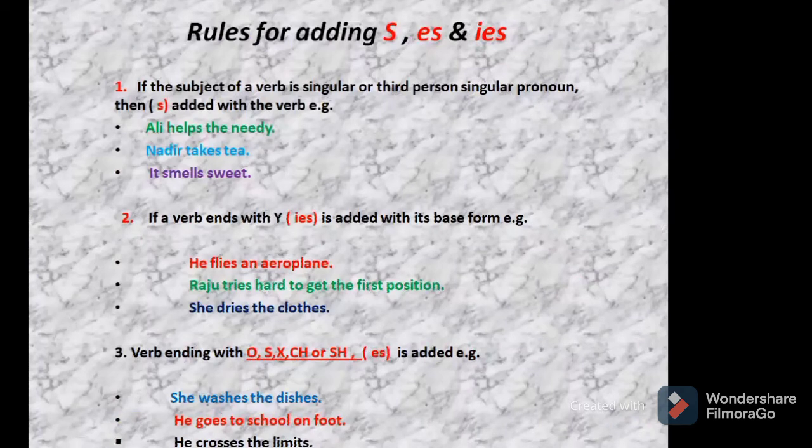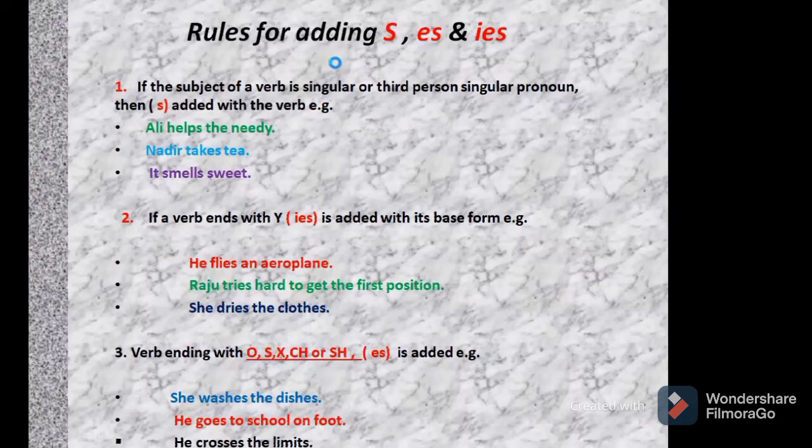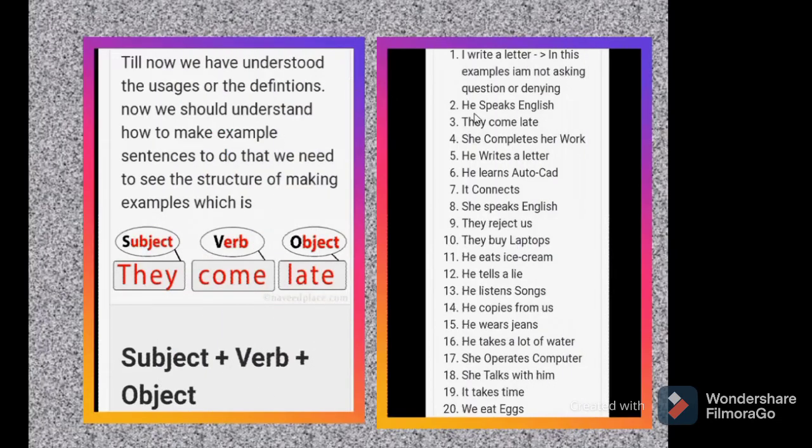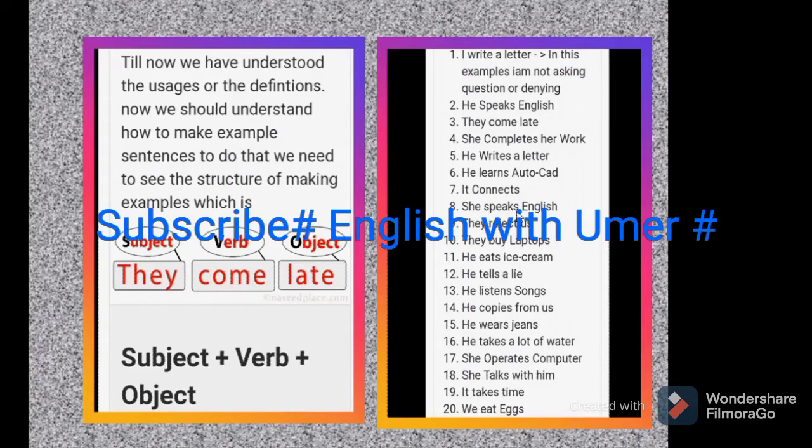So there are other minor, simple rules regarding S, ES, and IES. When we are talking about present tense, just like in the previous slide, here you can see, for example, she speaks English. Though speak is the base verb, main verb, we use S. Why do we use S?